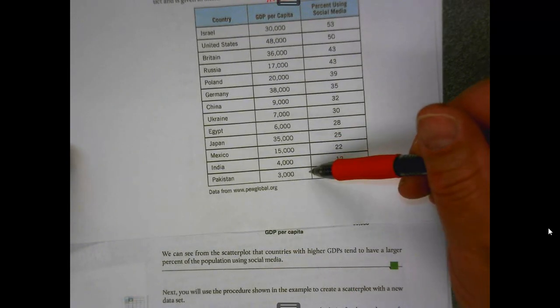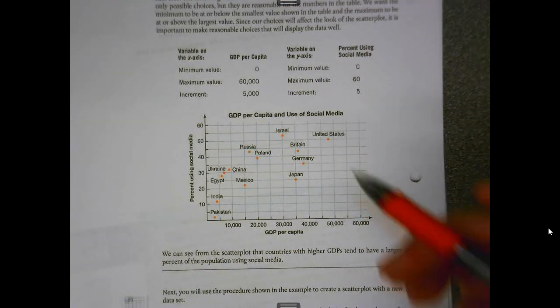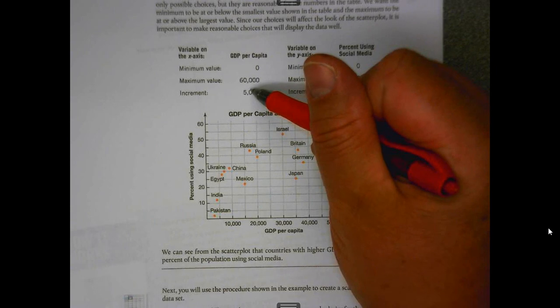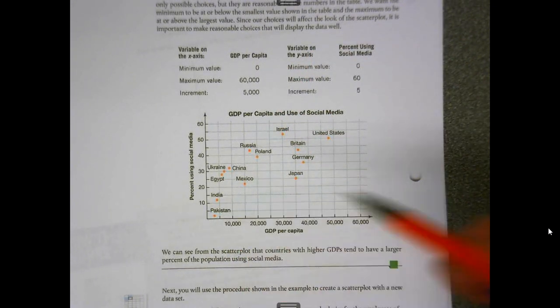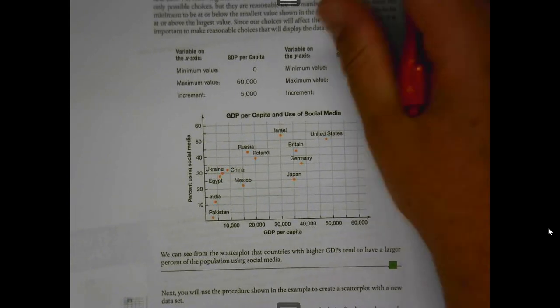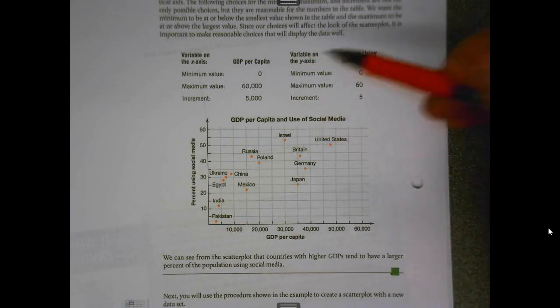When we're talking about 60,000, the max was 60. On the percentage of people using it, we had a maximum of 60%. So we're going to go with increments of 5. Minimum 0 to 60%. So we're going to start with 0 on both.